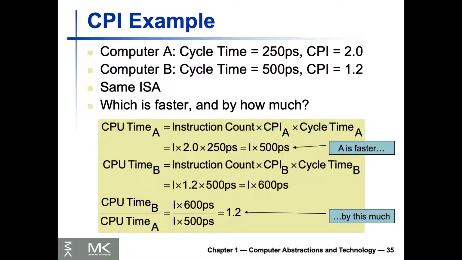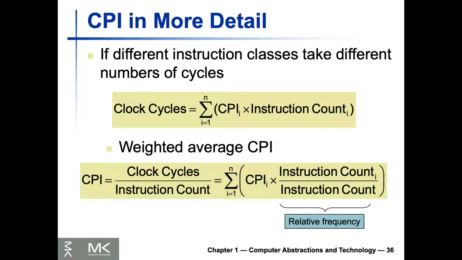So now let's talk about what if we have many tasks, right? And each of them has its own CPI. So if we zoom in again into that, if you have different instruction classes, each of them takes a different number of cycles. You'll learn in chapter 2 that normally load instructions take more time than store, and control instructions take less time than load, for instance, in general, and it depends on the architecture. You see, different instructions take different numbers of cycles in the CPU to process.